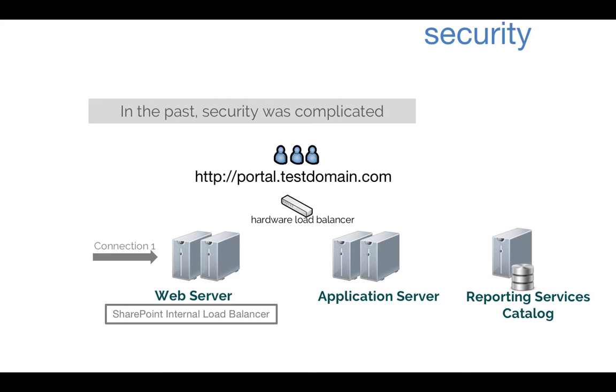SharePoint then submits that request to the application server, or in this case, to reporting services outside of SharePoint, and that becomes connection 2. As the user clicks on the report, the report's data sources, the shared data sets, the credentials, and all of that information is stored in the reporting services catalog database.